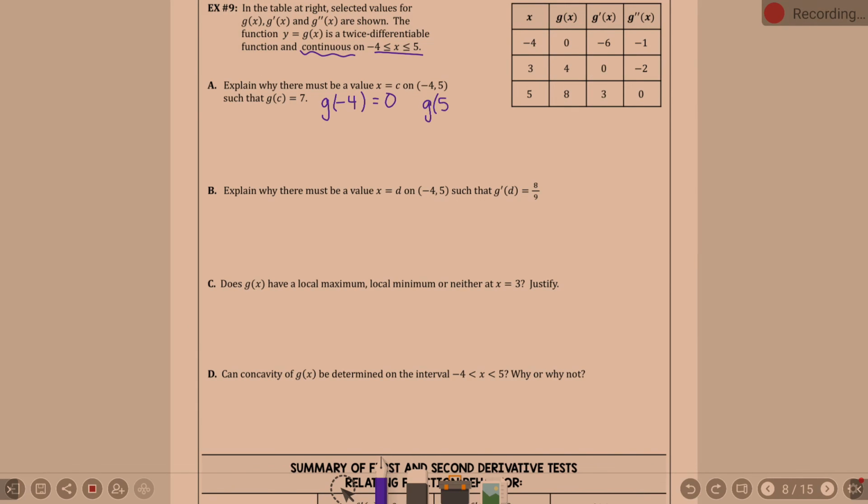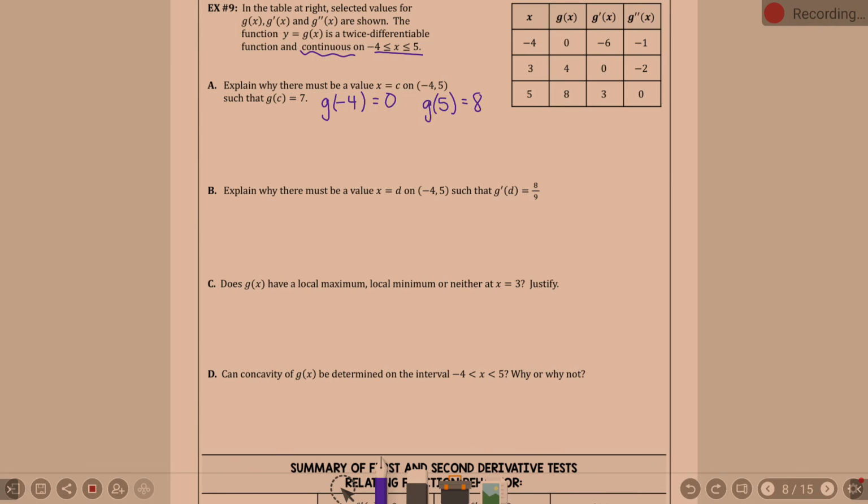And we know this graph is continuous. If you connect the points (-4, 0) and (5, 8), your line has to go through the y value of 7, right? Whether you make it a line, a curve, whatever, it has to go through 7. So that's what the intermediate value theorem states, that it must exist.